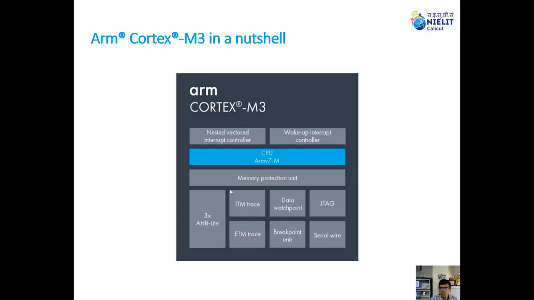But when it comes to a microcontroller, it is the core plus additional peripherals, and different vendors will be manufacturing the controllers. As part of this controller, there will be an ARM Cortex M3 based core, and additionally there will be a number of peripherals.